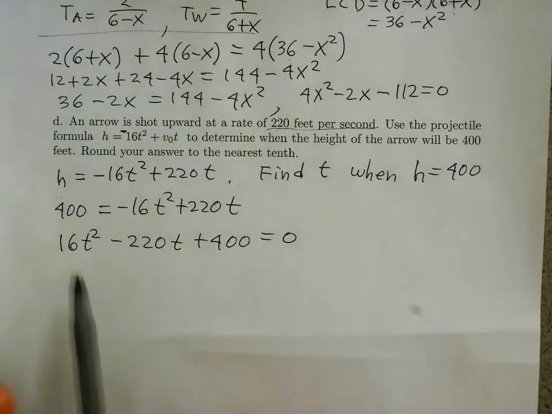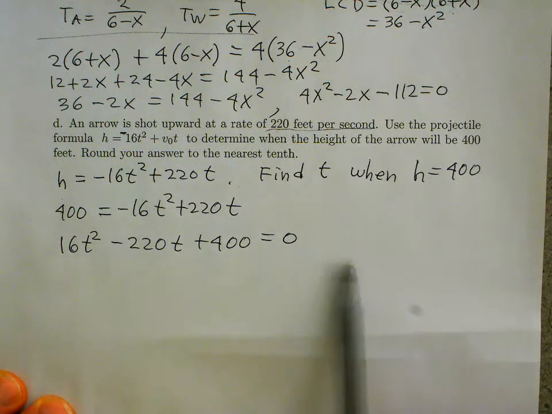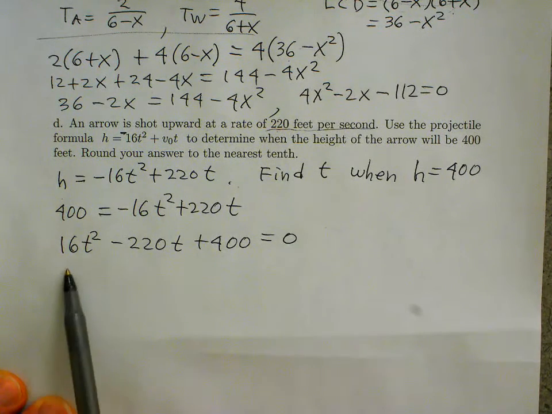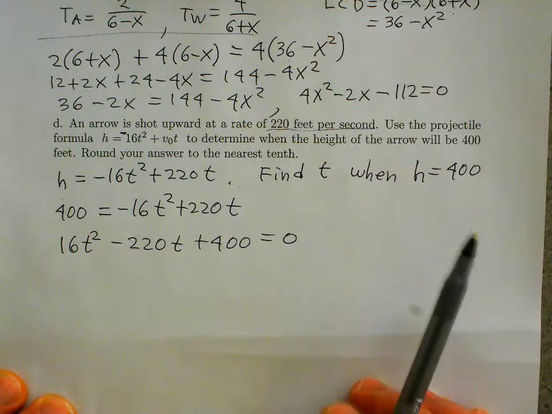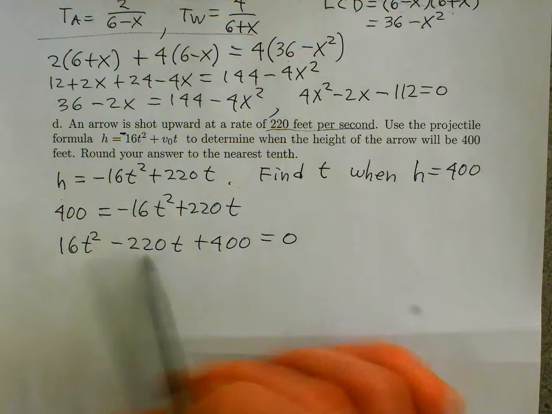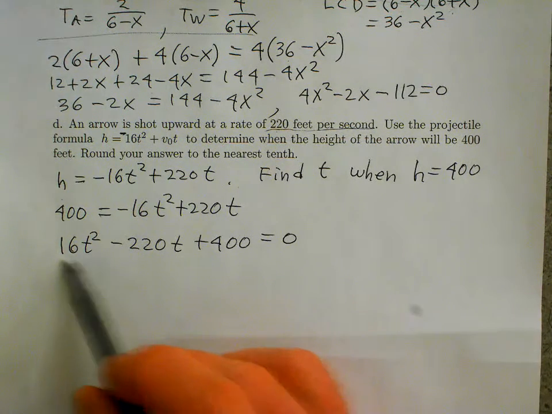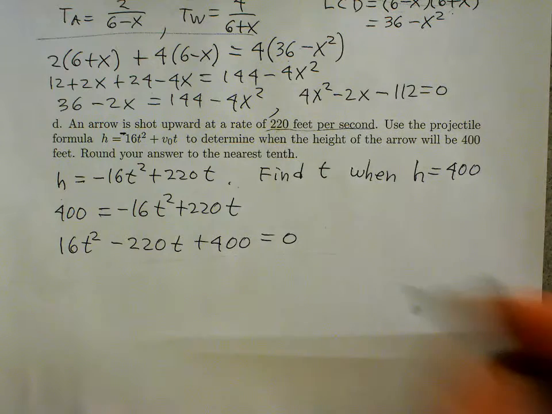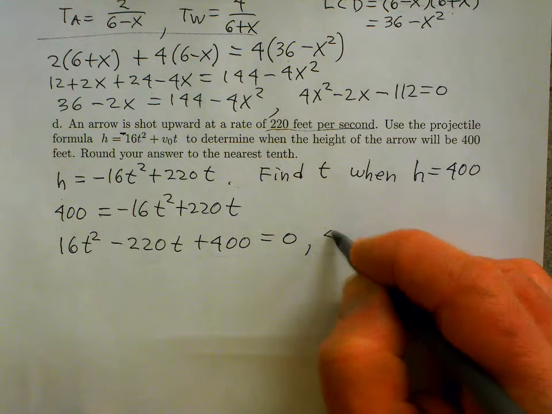And we can reduce the numbers if we find a common multiple to divide by. So at least 4 goes into all of those numbers. If we divide every term on both sides of the equation by 4, we get 16t to the second divided by 4 is 4t to the second.